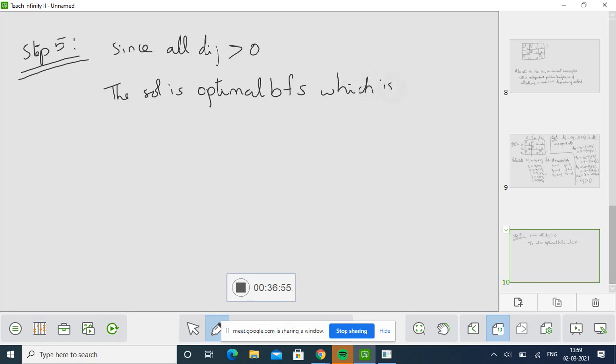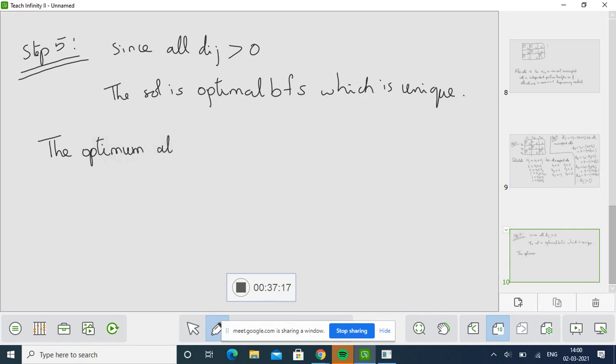Now we have to give the answer. What answer we have to give? Total minimization cost. Before writing total minimization cost, we should write the optimum allocation schedule. That is your answer.